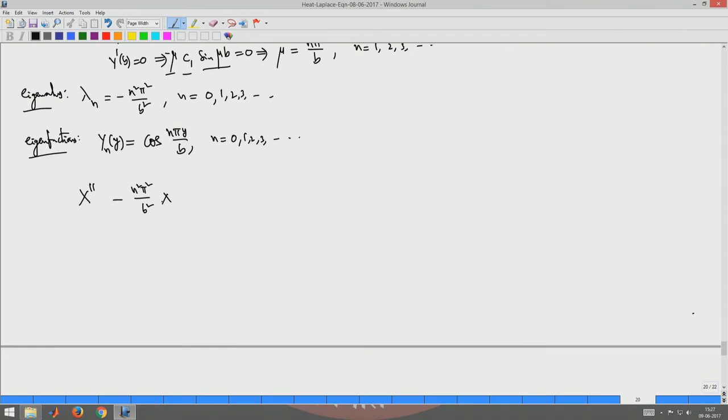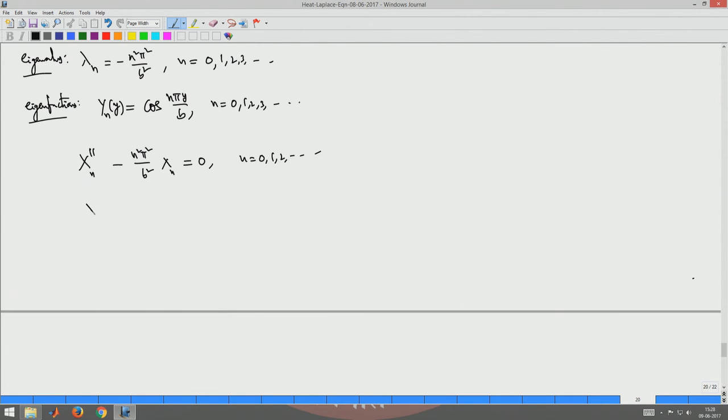Now I replace lambda by lambda n and label them as x n, so x n double dash minus n square pi square by b square x n equals 0 for each n from 0, 1, 2, 3 onwards. In this case x n of x is simply a n e power n pi x by b plus b n e power minus n pi x by b. That is the general solution of this equation.